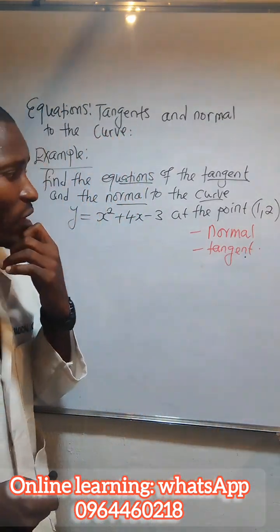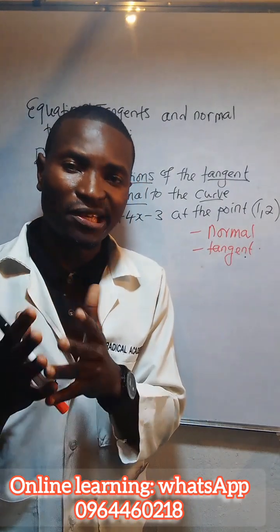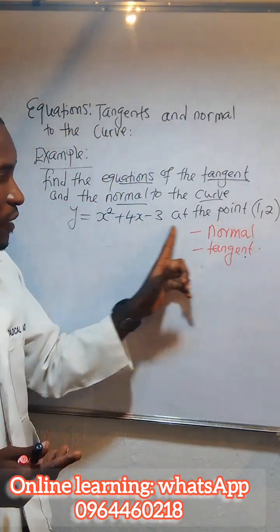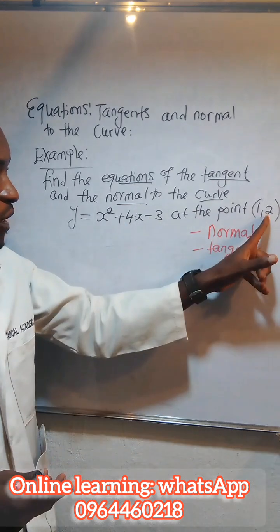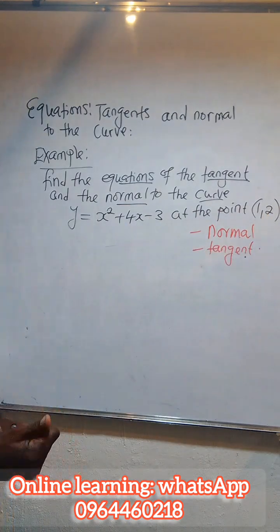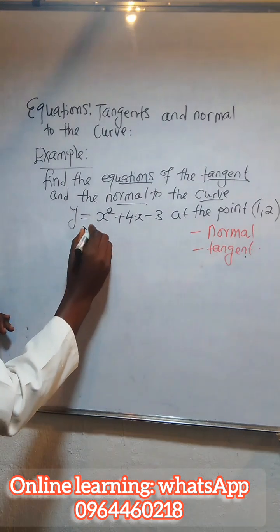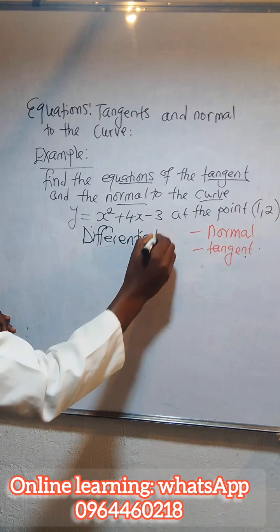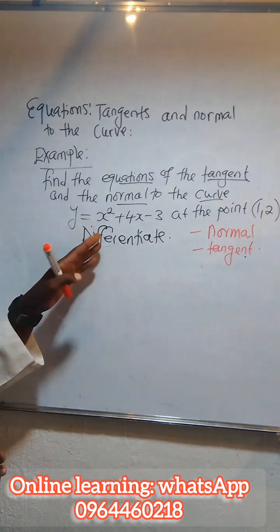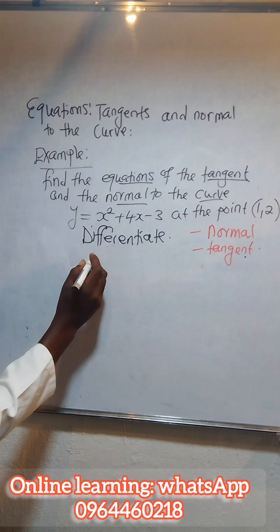Now, when you are given this kind of equation and it passes through this point, the first thing that you must do is to differentiate the function, or rather the equation.